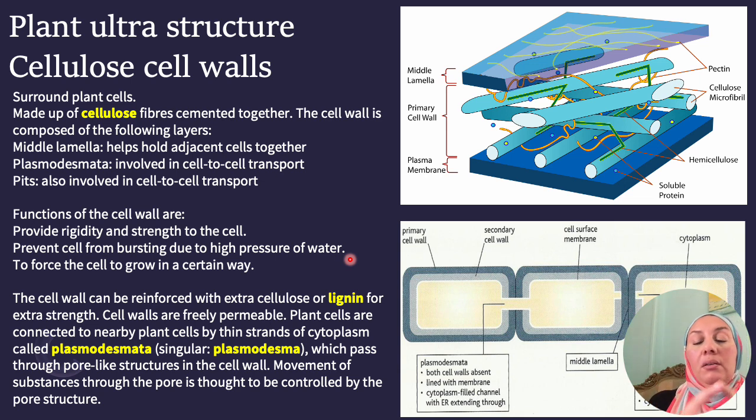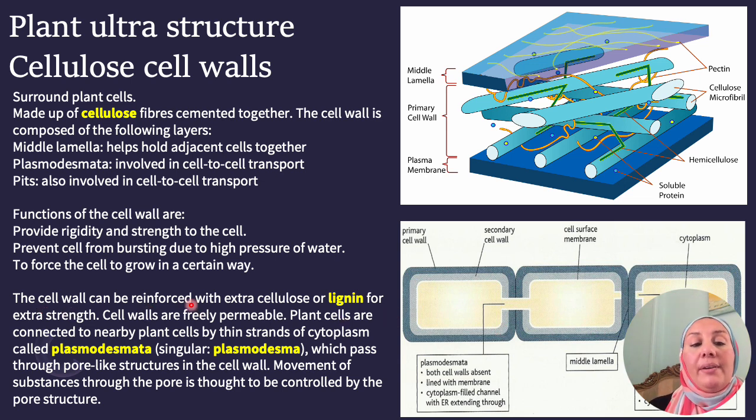Unlike animal cells, which don't have that option, they will burst if they have too much water inside of them. The wall helps to force the cell to grow in a certain way, and gives the cell its shape. So some cells are rectangular in shape, some are angular, some are circular. It all has to do with the shape of the cell wall that gives that cell its shape.